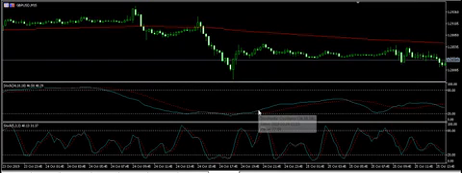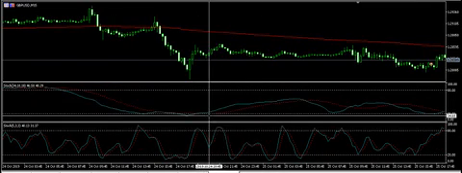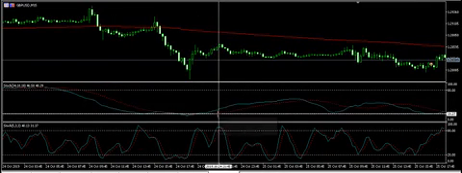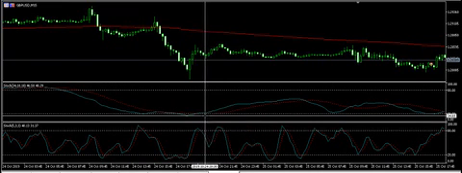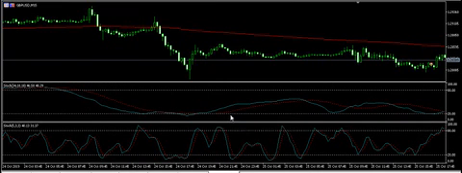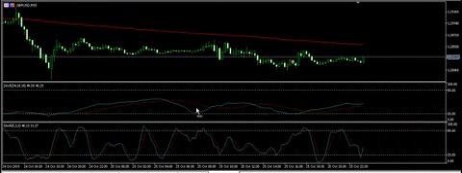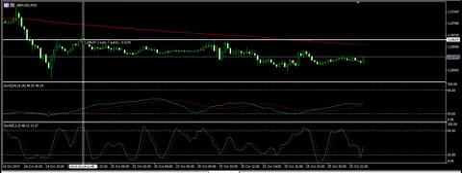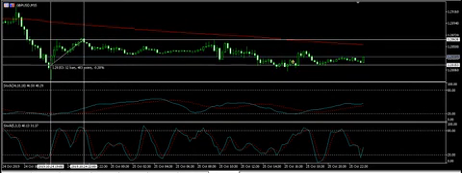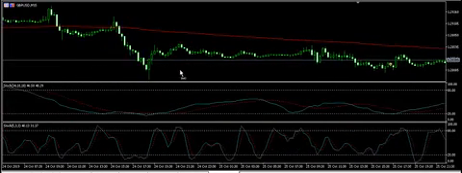Again, but here we are not getting a clear confirmation because the signal line is not below the oversold zone, so we leave that, and it's still moving in the 48 pips region and there is no trade.